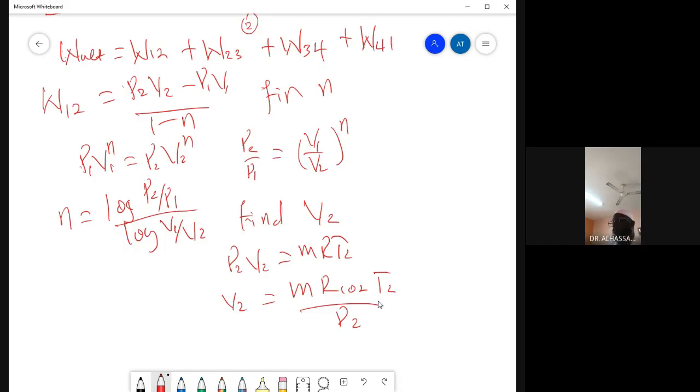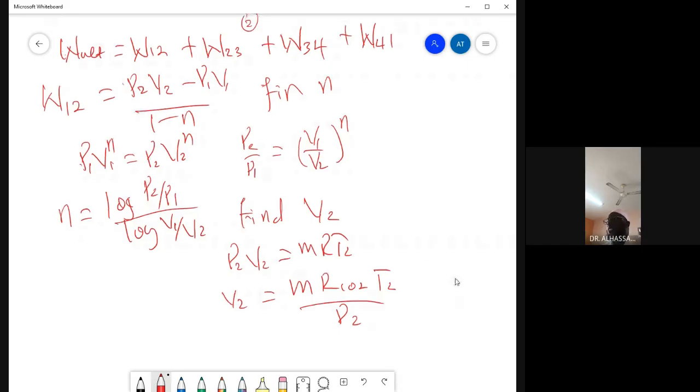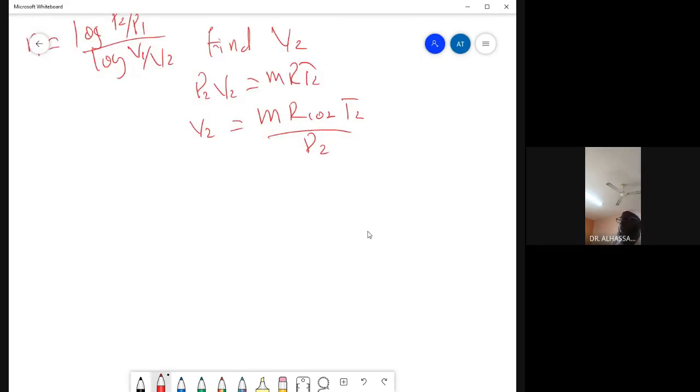So mass also is not known. So we need to determine the mass. Since we know pressure, temperature, and volume at state 1, we can use P1 V1 equals M R T1.